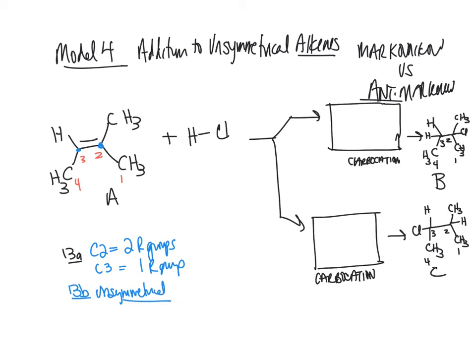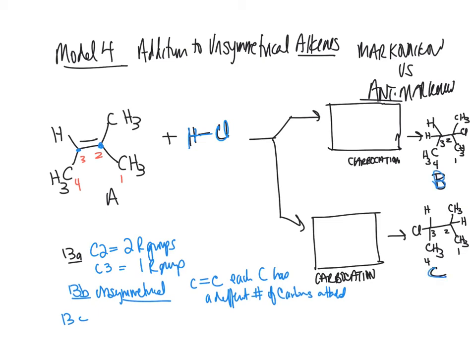Okay, 13B. Structure A is considered to be an unsymmetrical alkene. Explain why. Because in the carbon-carbon double bond, each carbon has a different number of carbons attached. Okay, so 13C. When HCl is added to compound A, here's HCl, it's added to compound A, two possible products B and C are formed.